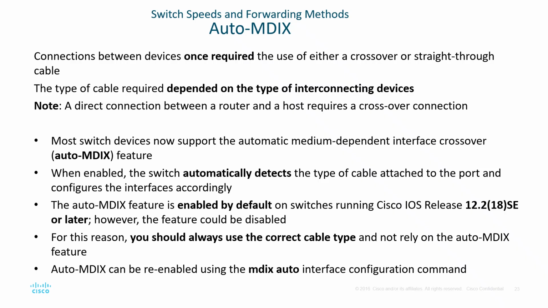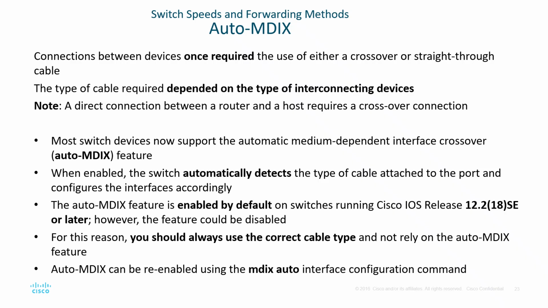However, understand that this feature could be disabled. So if a technician goes in there and disables this feature and you use a straight through cable in a connection that should be a crossover cable, you will not have communication, which is why I say you should always use the correct cable type and not rely on the auto MDIX feature.